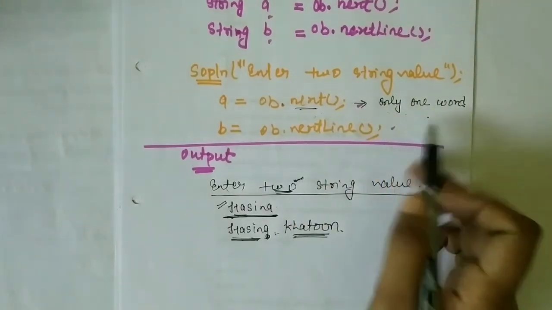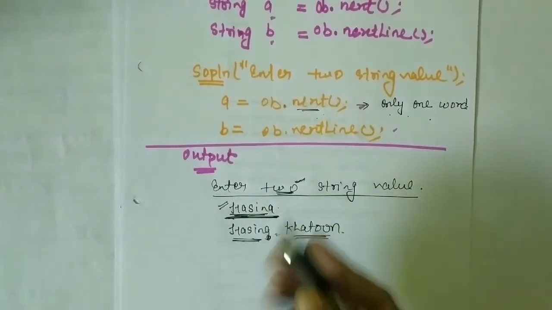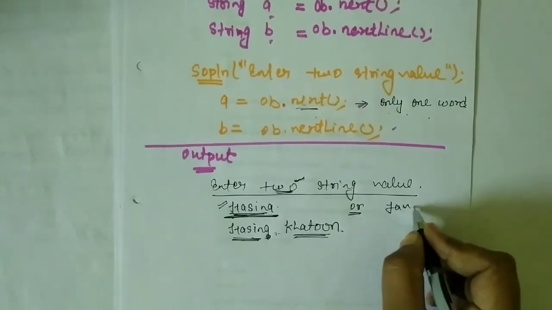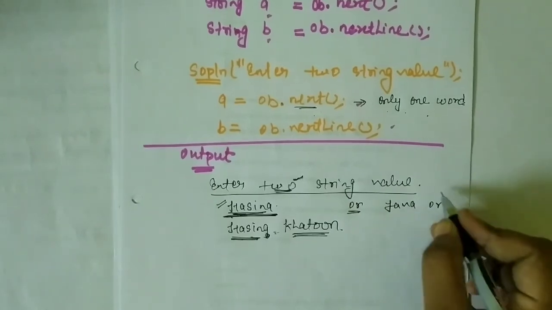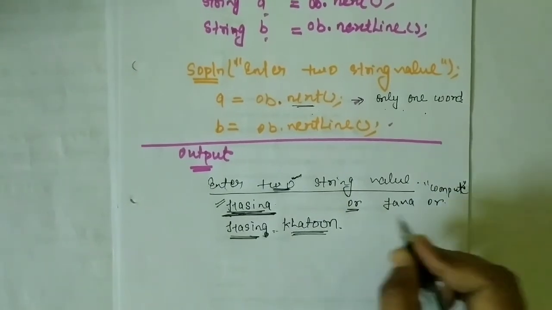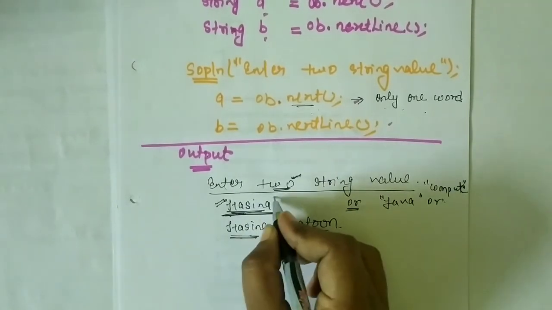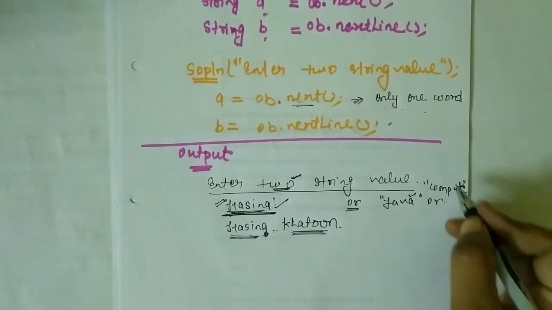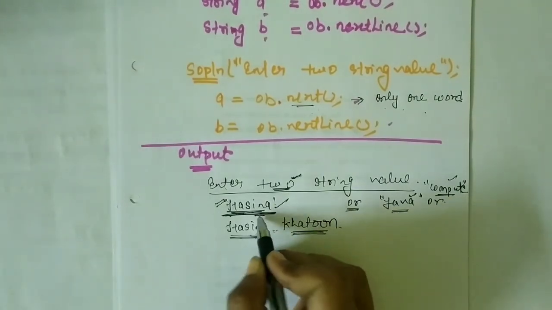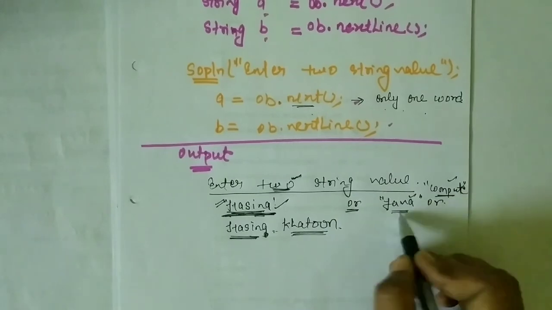You have to give only one word, like Hasina, Java, or computer. So these are single words, and you have to give this type of value.